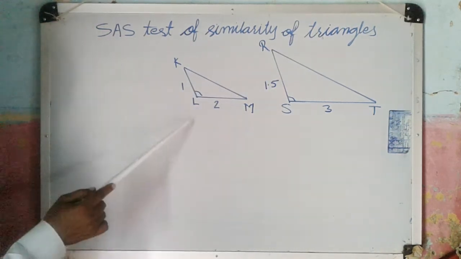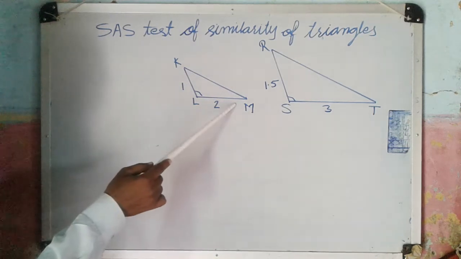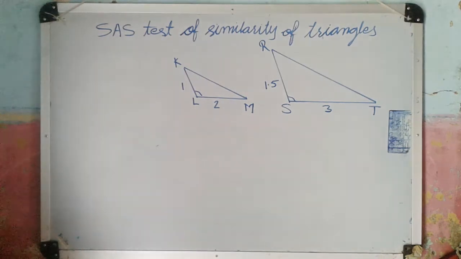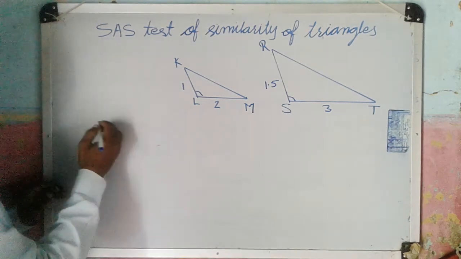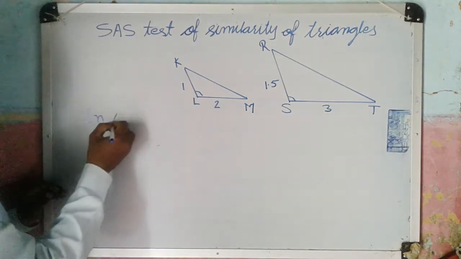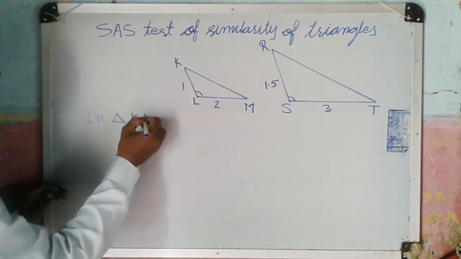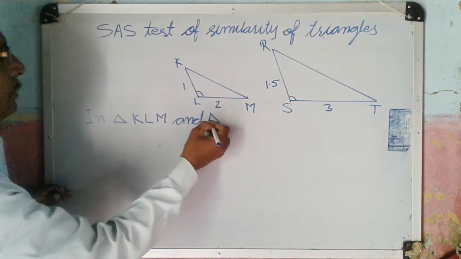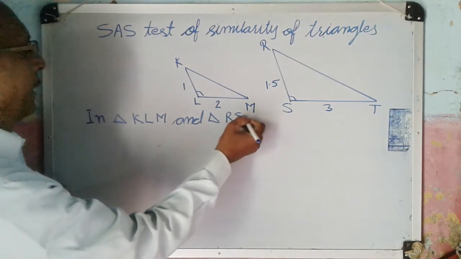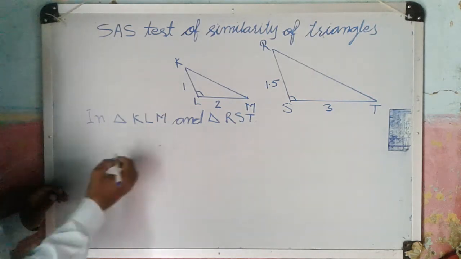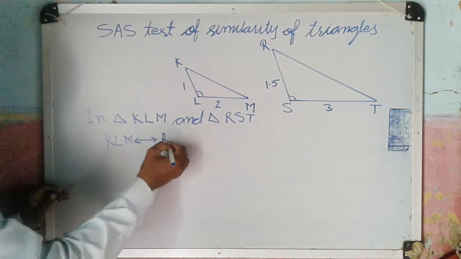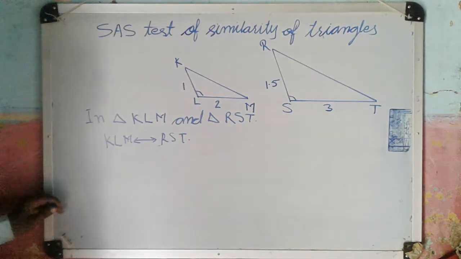Now here in this figure, KLM and RST are two triangles. See, in the correspondence of triangle KLM and triangle RST, KLM corresponds to RST.